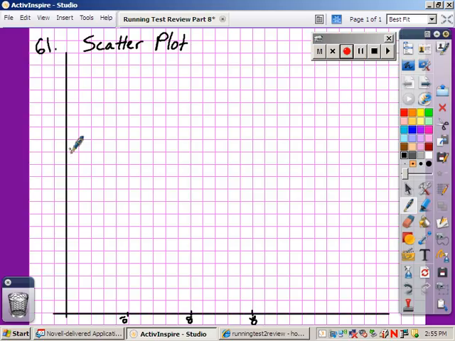So 2, 4, 6, 8, 10, 12, 14, 16, 18, 20, 22, 24, 26, 28, 30, 32, 34, 36, 38, 40. I have to go up to 41, which looks like it will fit right up here, so we'll be good.